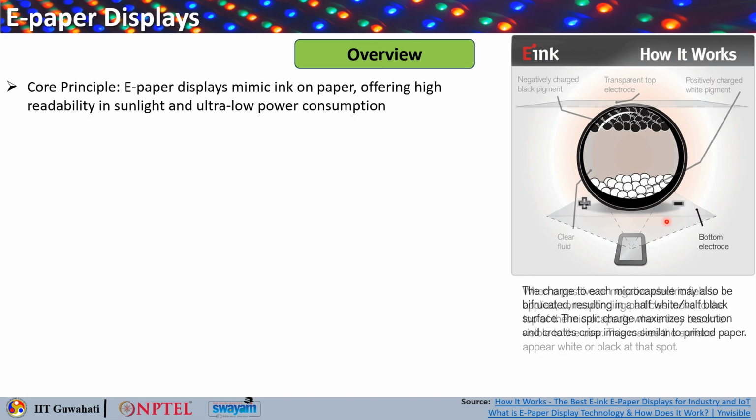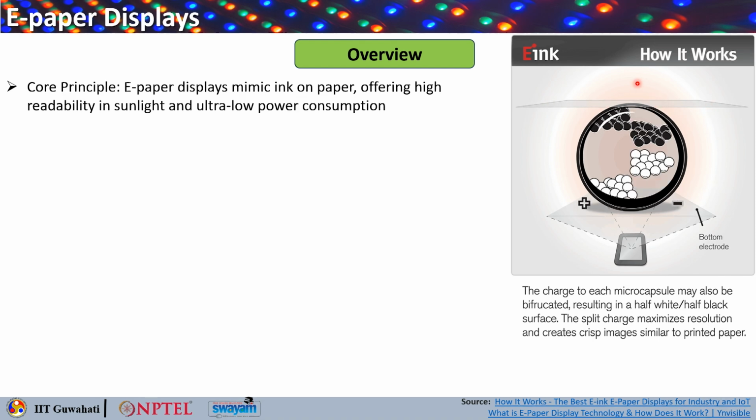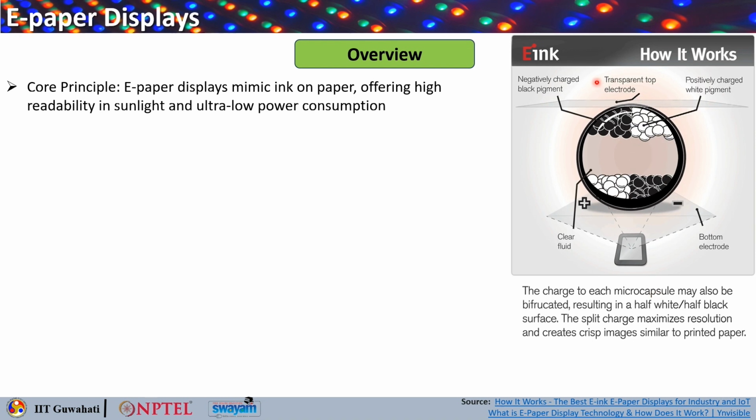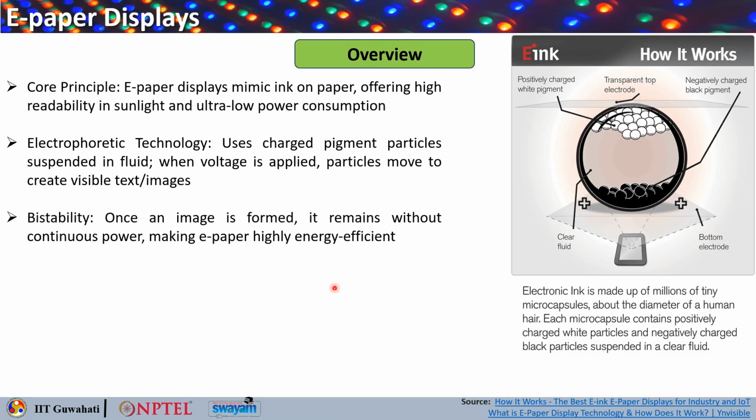This is the bottom electrode, this is the clear liquid which has these particles suspended, and this is the top electrode through which the display is seen. So, what is the bistability here? Once the image is formed, it remains there without a continuous power requirement.